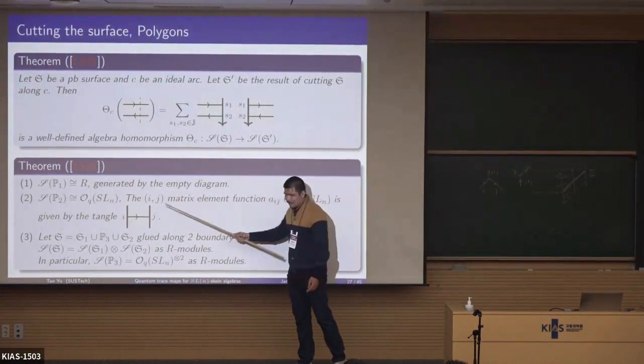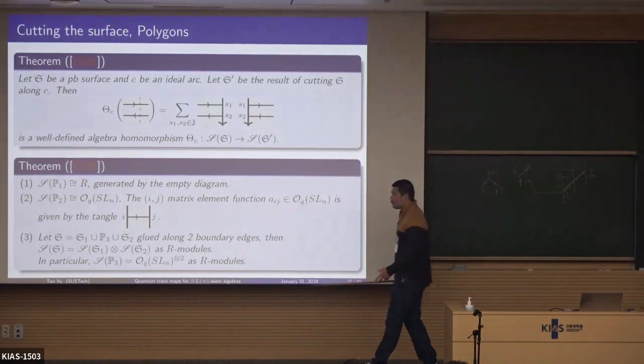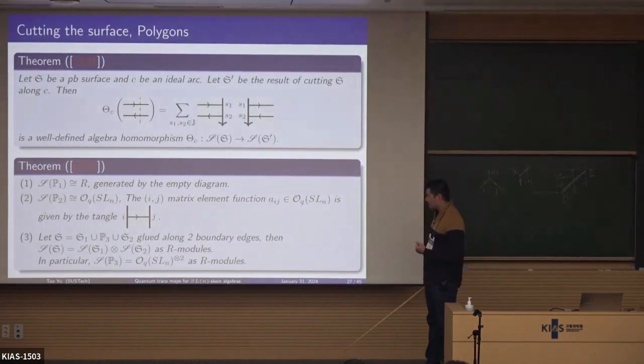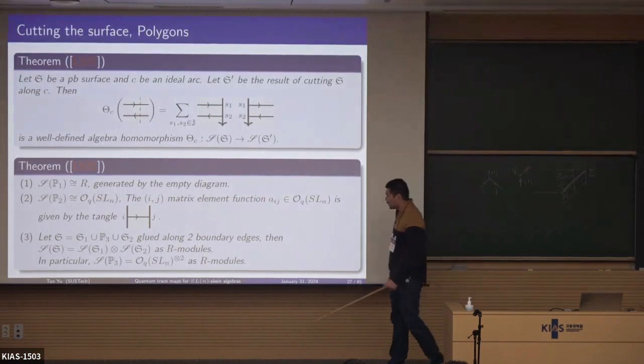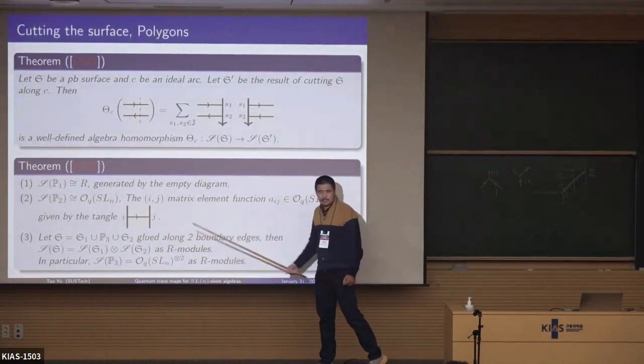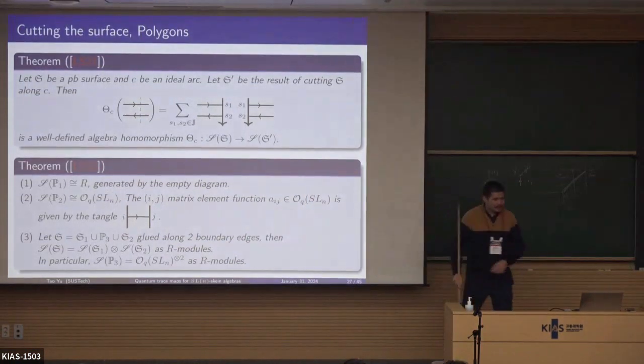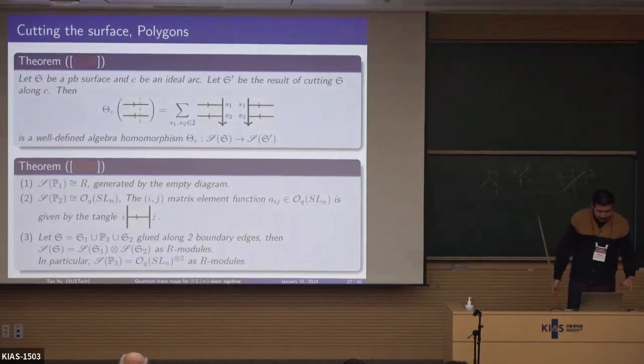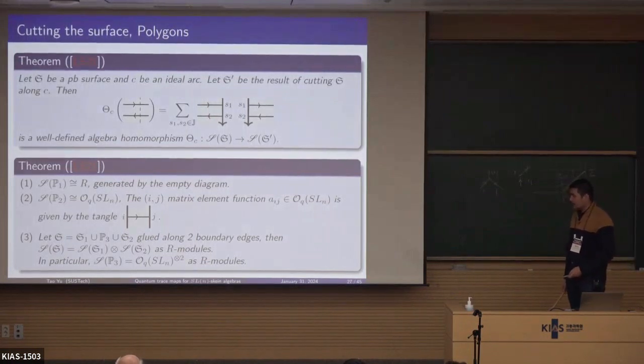You can go this way or that way. We just fix one of the isomorphisms. Same thing here. If you glue 2 surfaces along a triangle, you get this tensor product as modules, but not as algebras. But if you want algebras, you can look at some braided version of the tensor product. Okay.